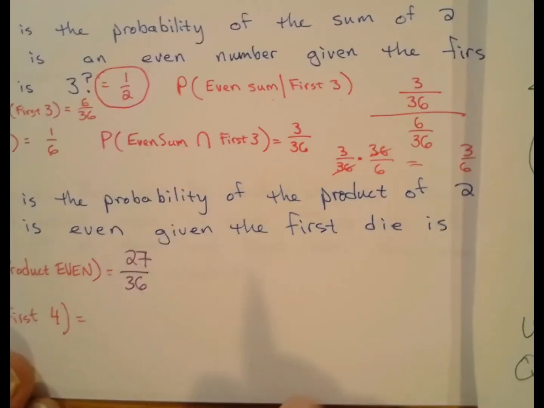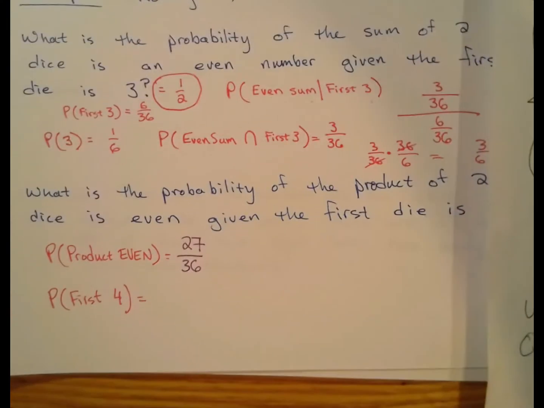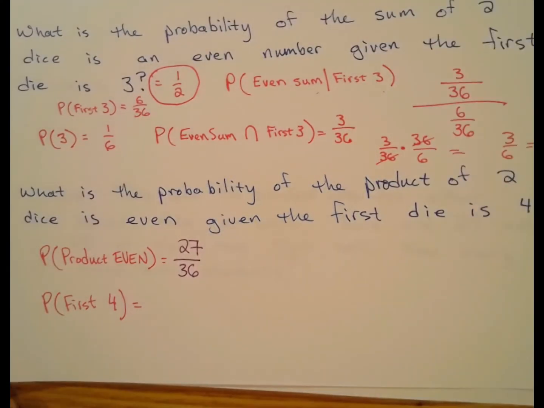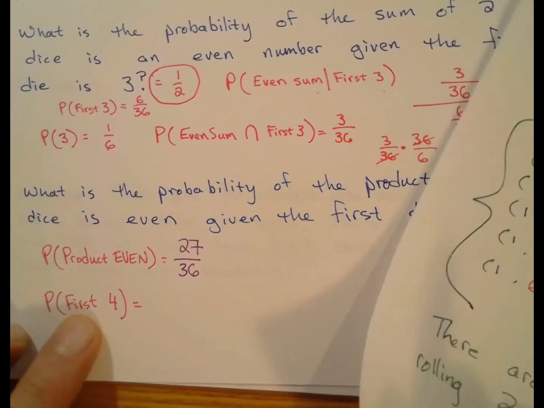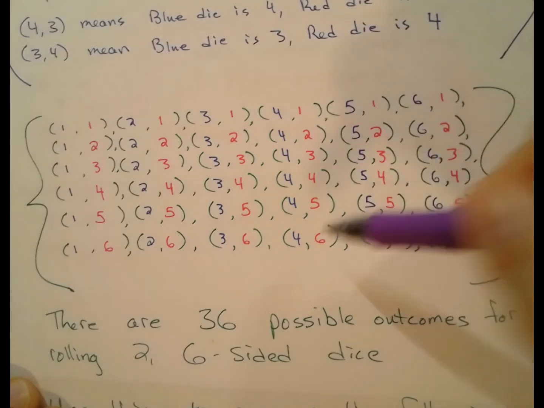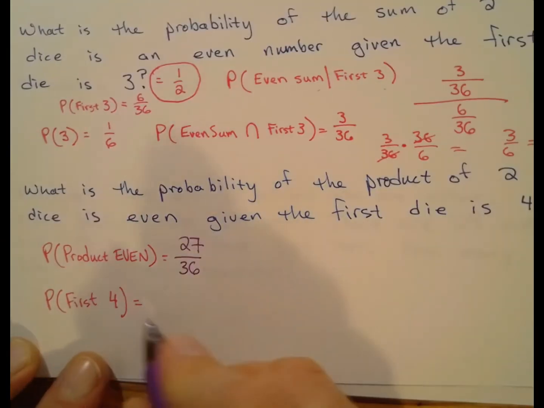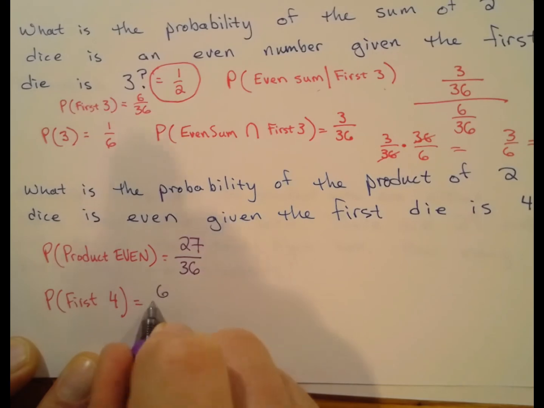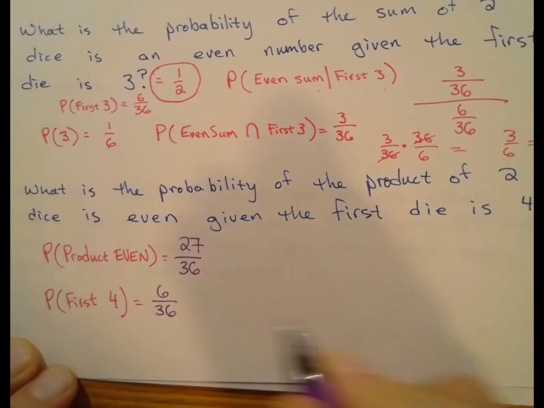I won't bother simplifying that yet. I'll wait till the very end. And the probability that the first die is 4: we got 6 of those out of the total 36.